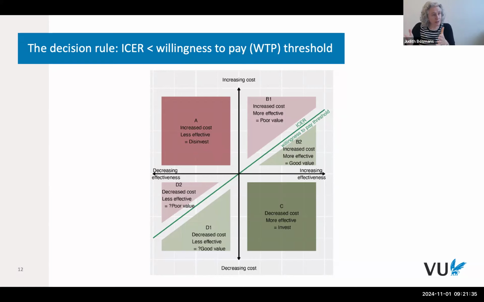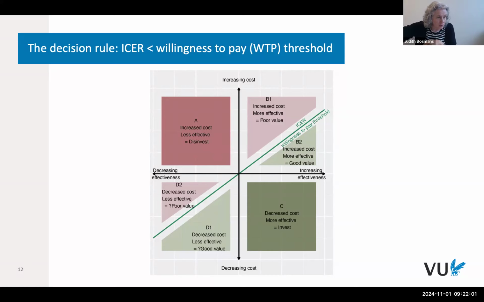So this is again the cost effectiveness plane. And the diagonal green line is basically our willingness to pay threshold. That's the maximum amount of money we're willing to pay to gain 1 QALY or 1 recovered patient, or whichever clinical outcome we're interested in at that point in time.